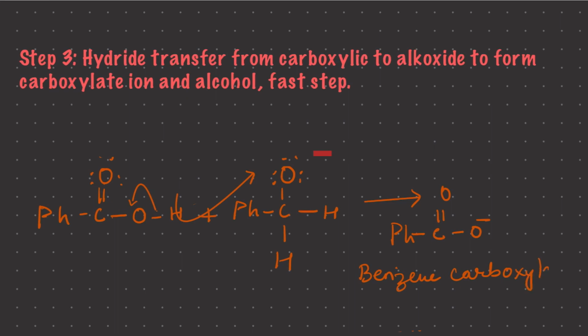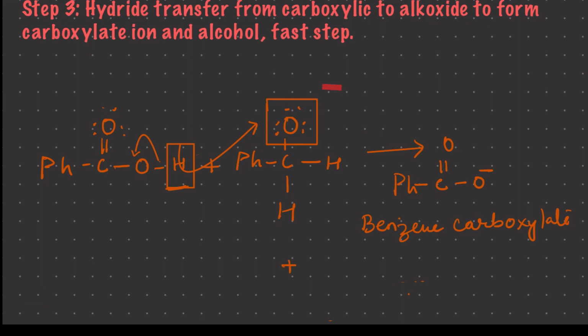Basically what has happened is the proton from here has got transferred to this oxygen to give an alcohol, and the second product we get has a phenyl group, with all the hydrogens, and here we get OH, and this is benzyl alcohol. So this was all about the mechanism of Cannizzaro reaction.